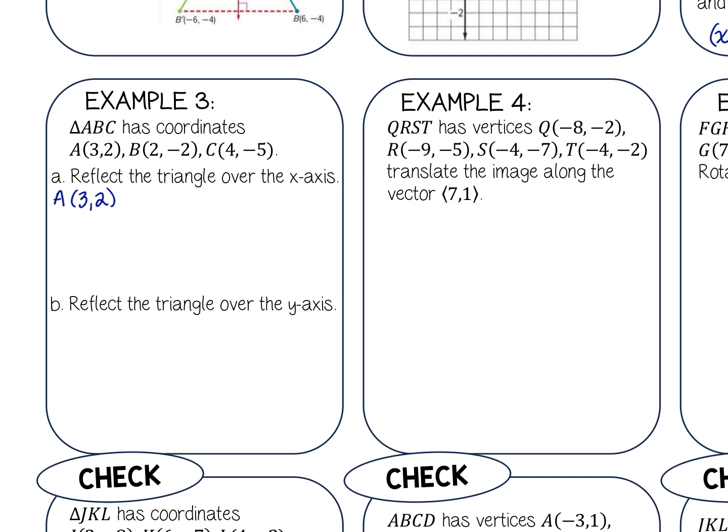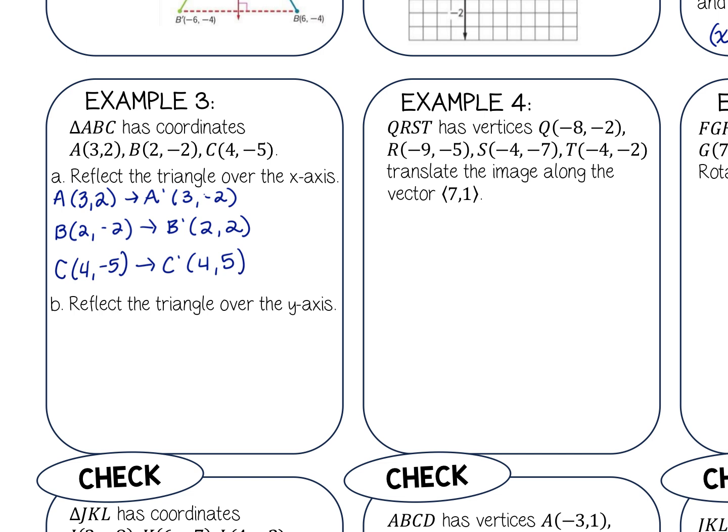So that means that A prime is (3, -2). All right, B is (2, -2), which means B prime is (2, 2). And C is (4, -5), and C prime is (4, 5).